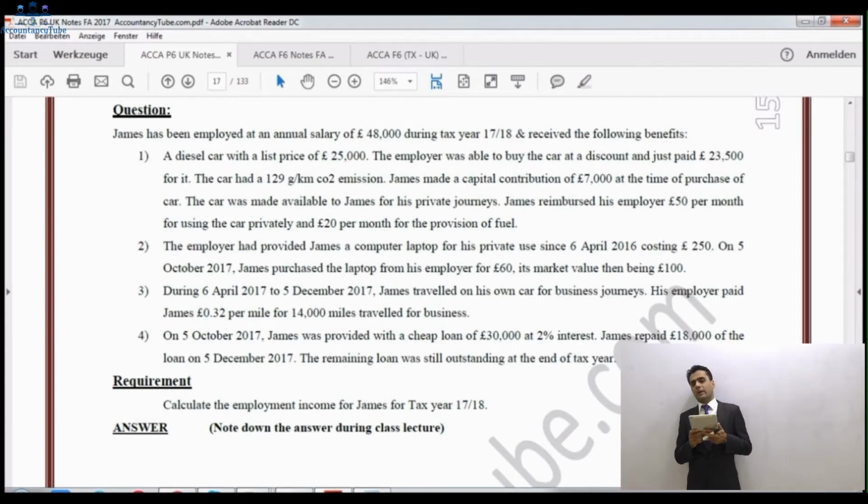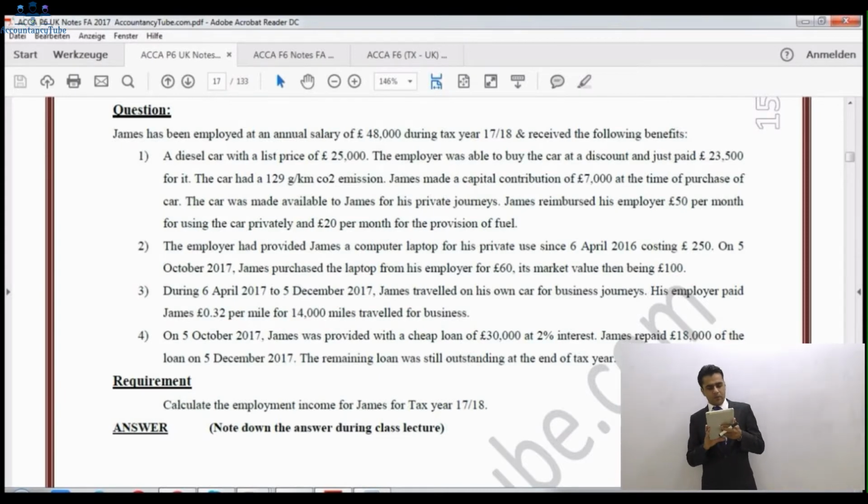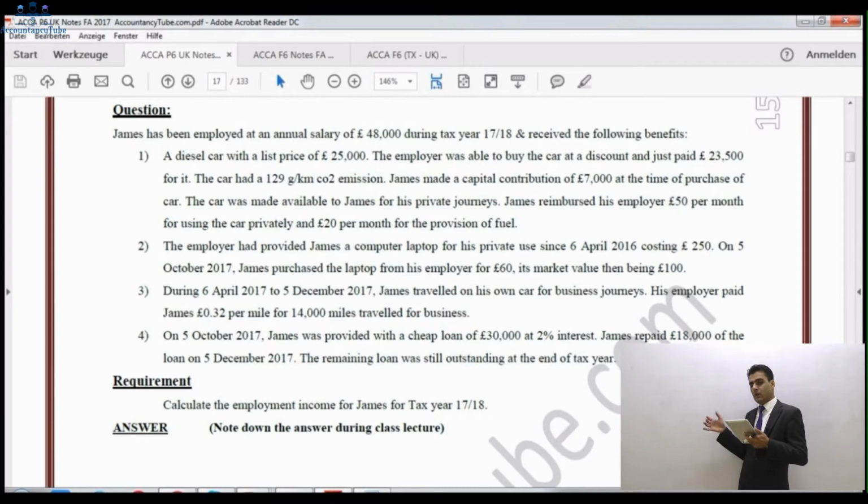So that is basically a mileage allowance. You will take how much he actually received, 0.32 multiplied by actual miles, less how much is allowed. So up to 10,000 miles it's one rate, and over 10,000 miles it's a different rate. So we'll deduct that out, and whatever the net amount is, either it is going to be an employment benefit, or it is going to be a net deduction.